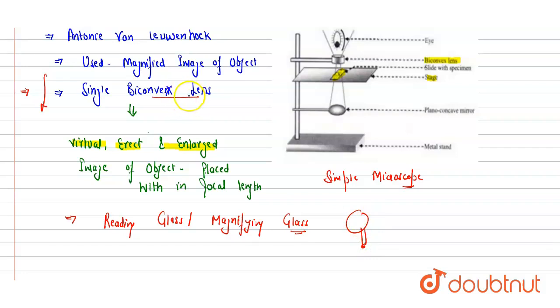This is a simple biconvex lens, which is used for reading or magnifying objects. And how does it do that? By forming a virtual, erect, and enlarged image of the object.